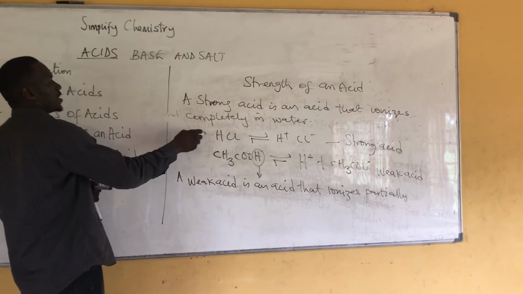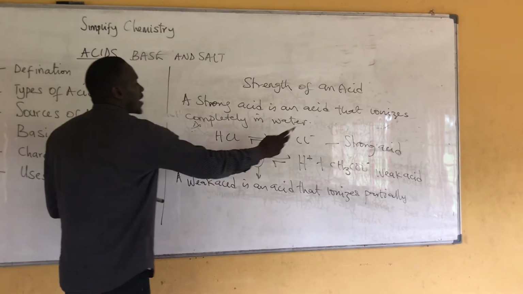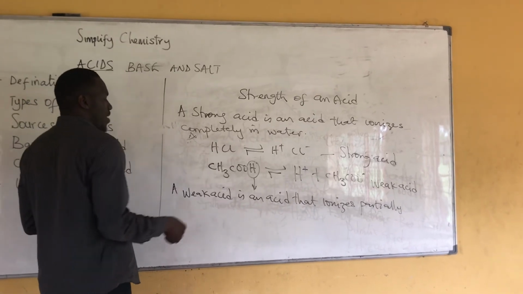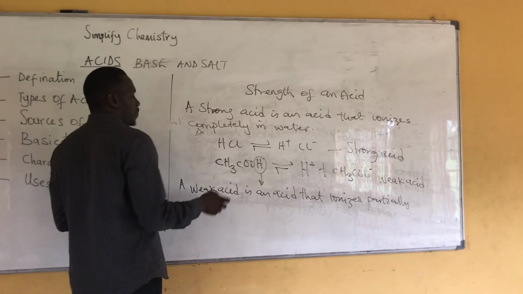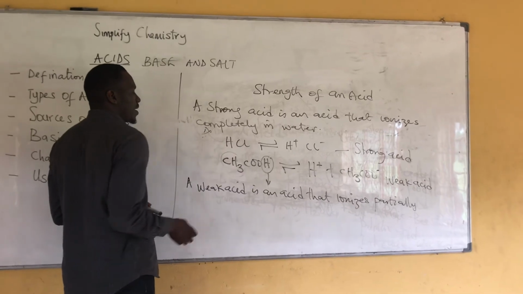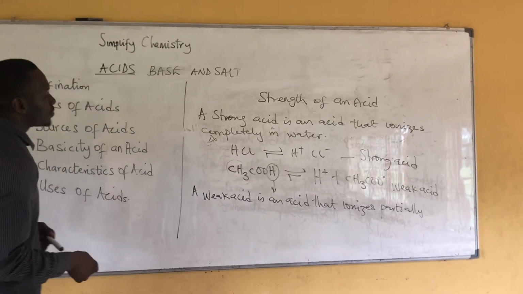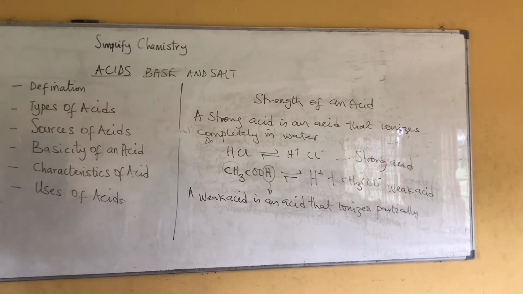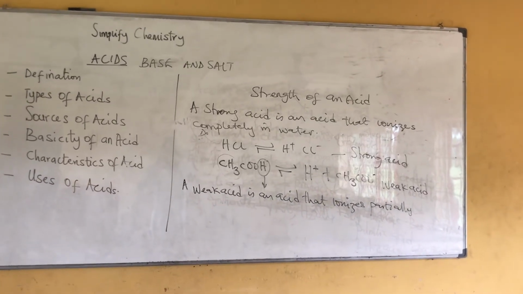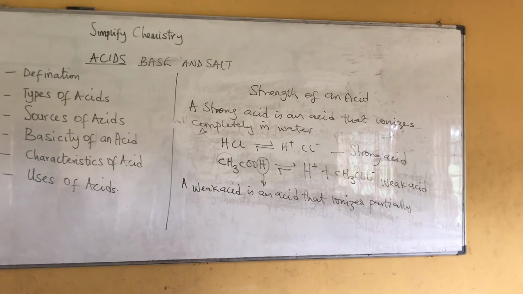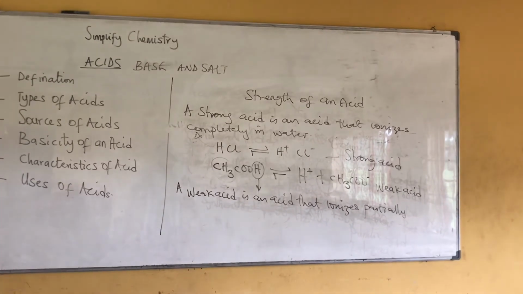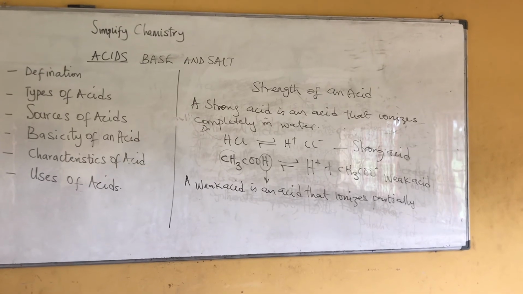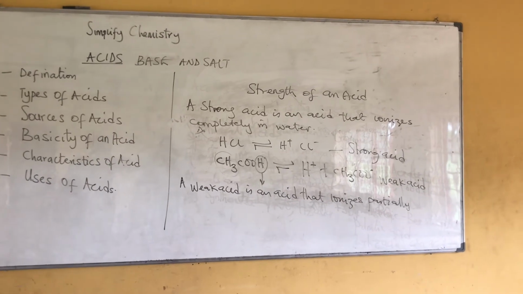A strong acid will ionize all the hydrogen there, while a weak one will ionize partially, not giving away the remaining hydrogen atom. Strong acid ionizes completely in water, while a weak acid ionizes partially.